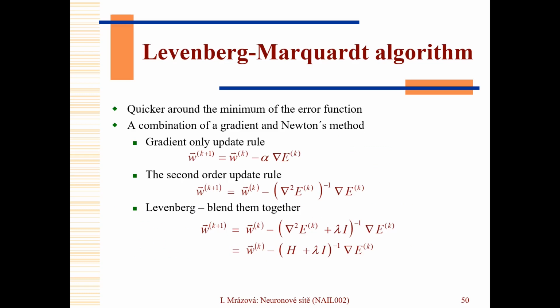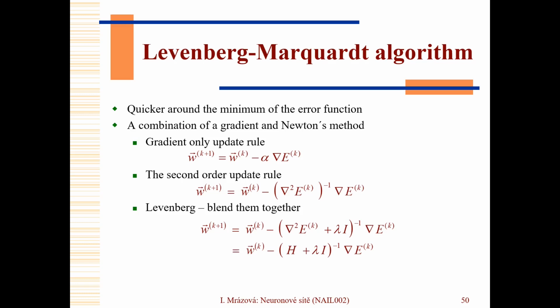The other pseudo-Newton method that we will discuss here is the so-called Levenberg-Marquardt algorithm. Its main idea has two components. The first one is that we will try to use a better approximation of the Hessian matrix, not just to replace the diagonal elements by a discrete approximation of the second order derivatives. Still, the approximation might not be the best one.